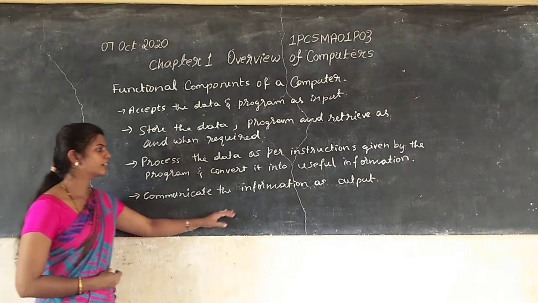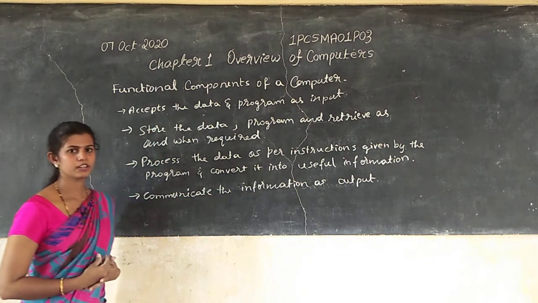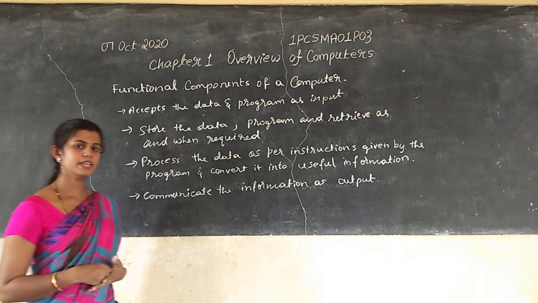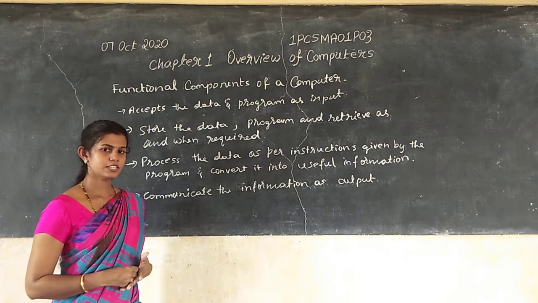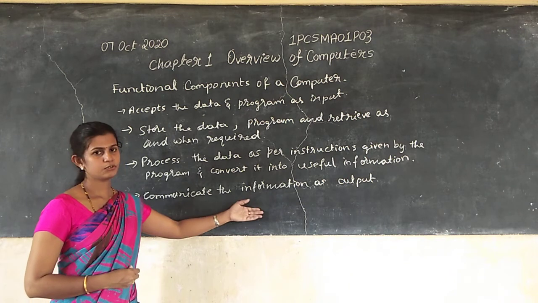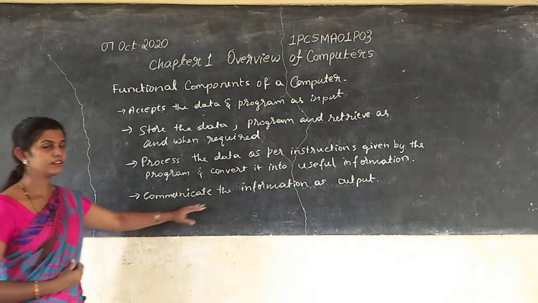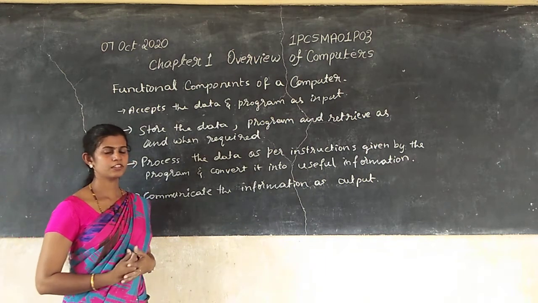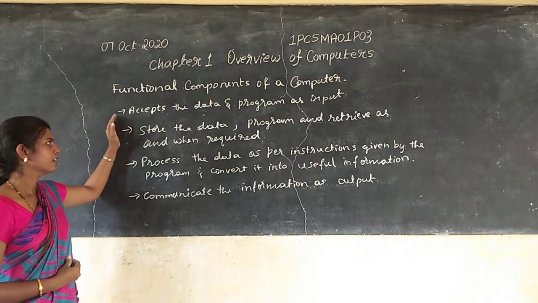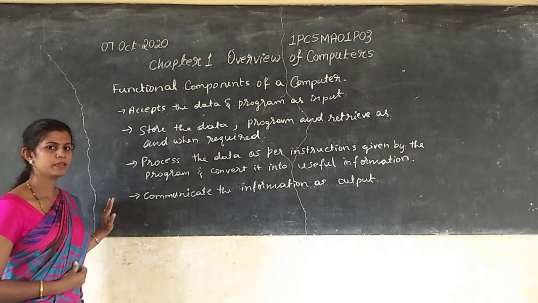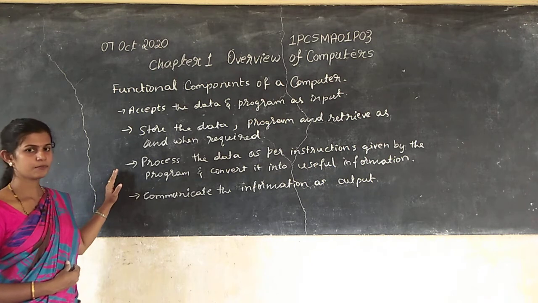Next, communicate the information as output. After generating the meaningful information, which is the output, it will be given to the user. So, basically these are the functions that should be carried out by the computer.